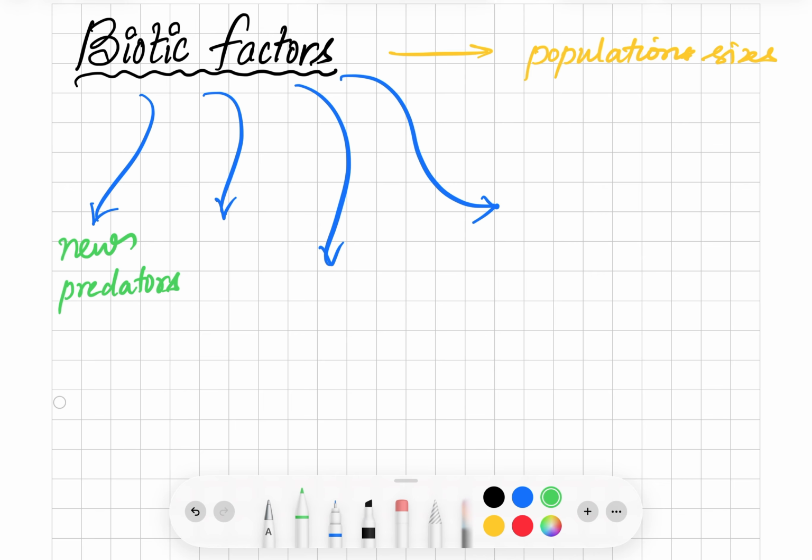Okay, so we're going to say new pathogens or new predators. It could also be because of the competition between the species. Okay, so it's not just the fight between predator and prey.